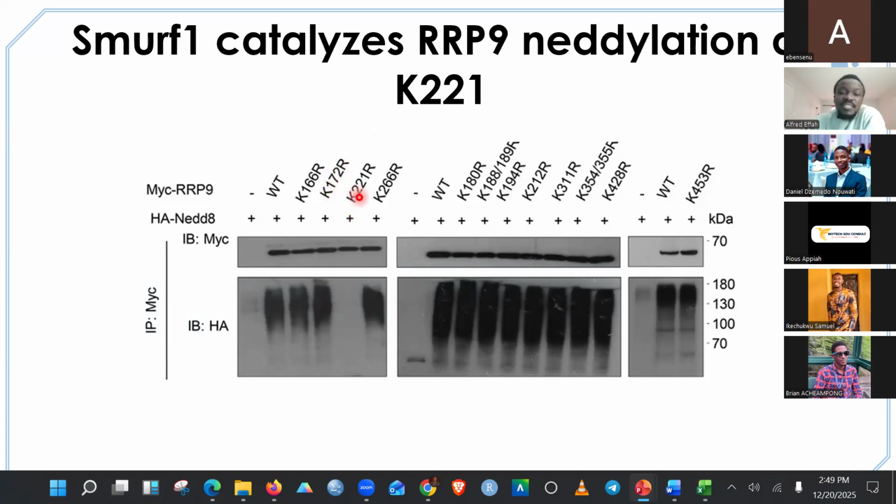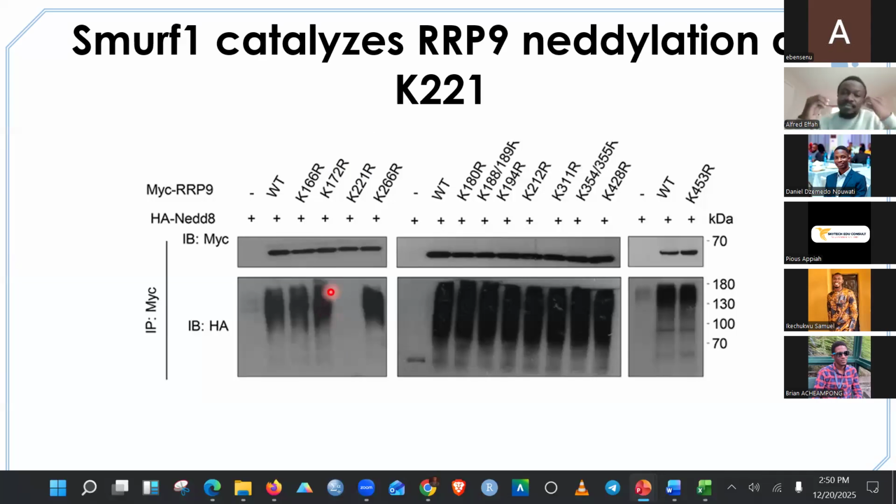Now on position 221, when we mutated lysine to arginine, we don't see any band. It tells you that position 221 is crucial for the addition of NED8 onto RRP9. So that's how they were able to also tell that yes, there is an interaction.